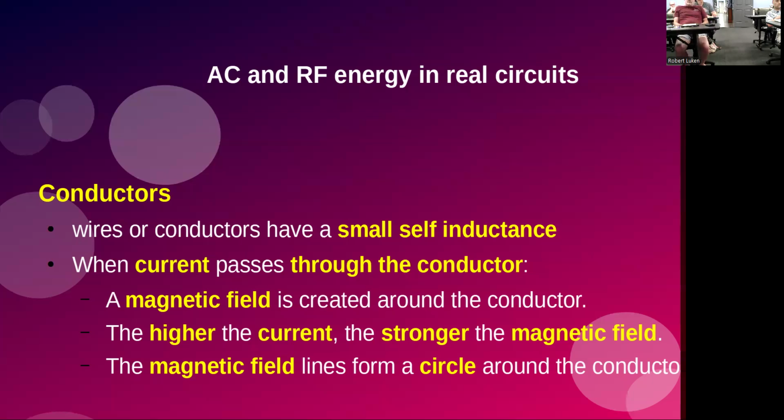So the higher the current going through the wire, the stronger the magnetic field is, because it's a function of the changing current, because this only applies to alternating current. And that magnetic field is a circle around the conductor.